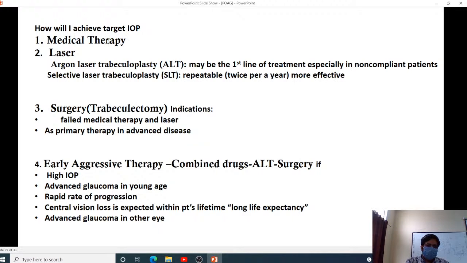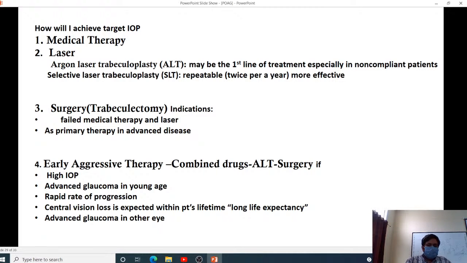So how is target IOP achieved? First you have to start with medical therapy. If not controlled with 3 drugs, you have to go ahead with laser. But there are some exceptions where you can do argon laser and selective laser first. Next step, you have to go with surgery, that is trabeculectomy, if medical therapy and laser fail. Last, you have to do shunt procedures and other procedures.